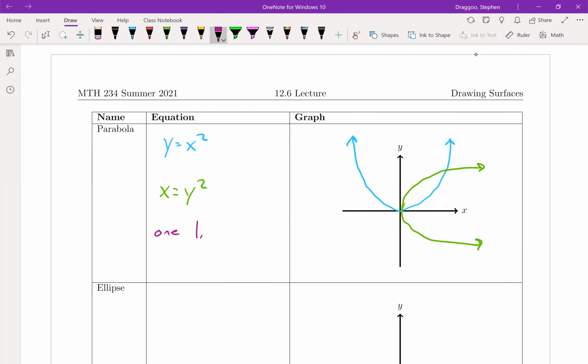A linear term being a variable, either x or y, that is raised to the power of 1, and a square term being one that's raised to the power of 2. So a first order term and a second order term might be another set of words we could use.